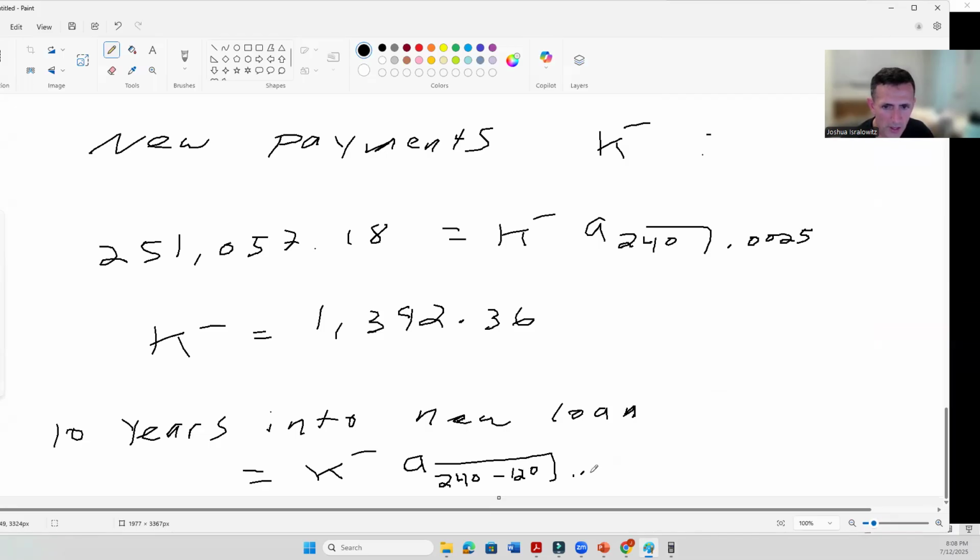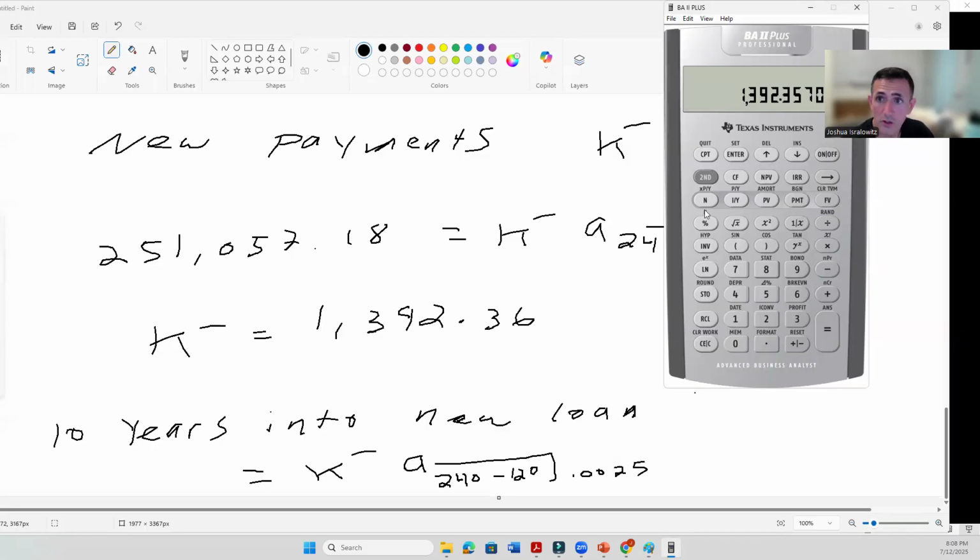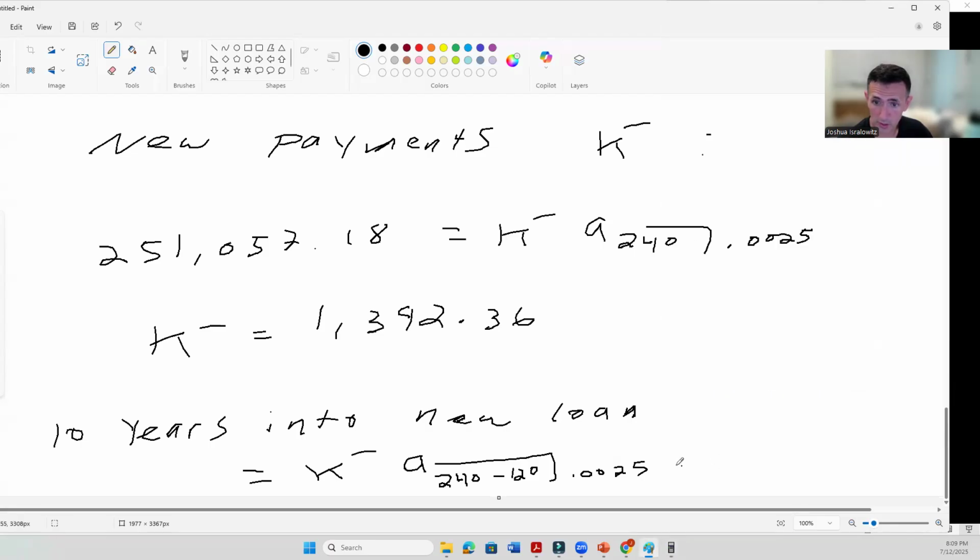Interest rate is 0.25%. So payments, 120 N, 0.25% interest, compute present value: 144,192.94.